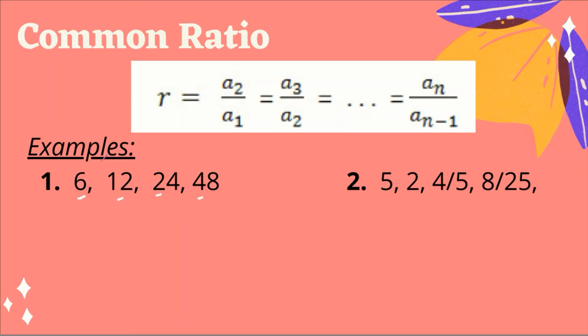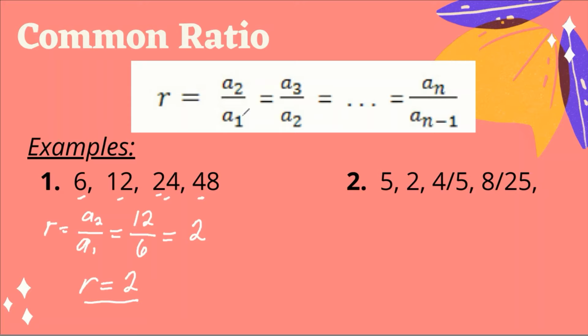So we have r is equal to a sub 2 divided by a sub 1. So a sub 2 here is 12, and then a sub 1 is 6. So 12 divided by 6 is 2. So therefore, our common ratio is 2. So as you can see, 6 times 2 is 12, 12 times 2 is 24, 24 times 2 is 48.